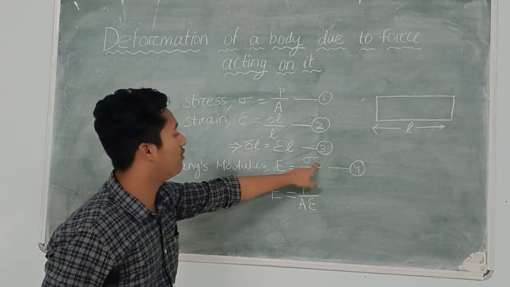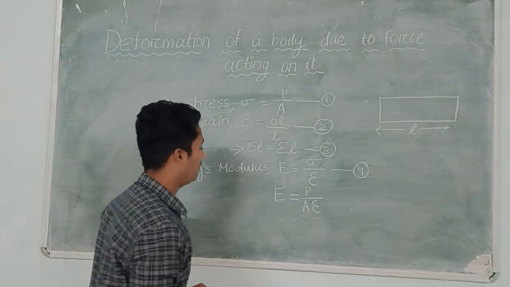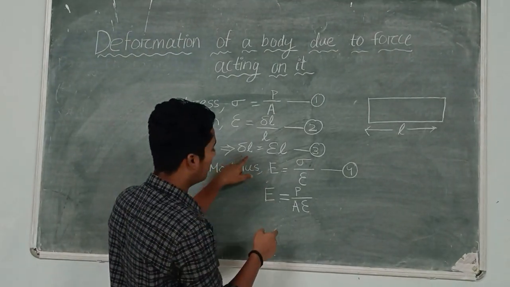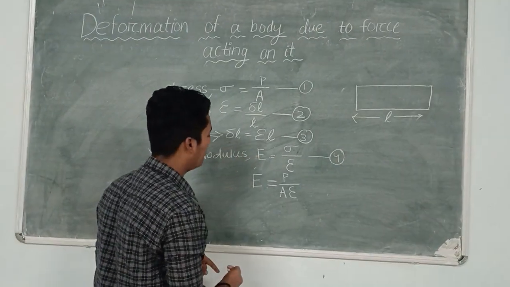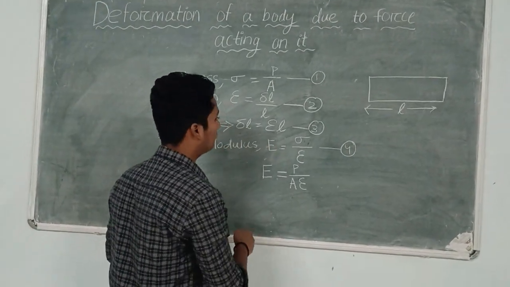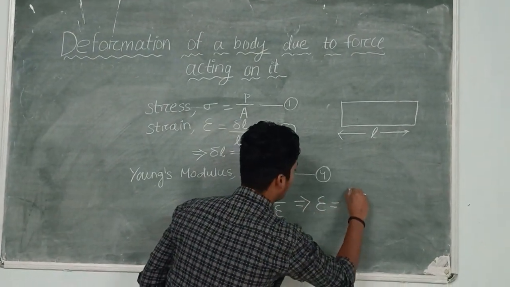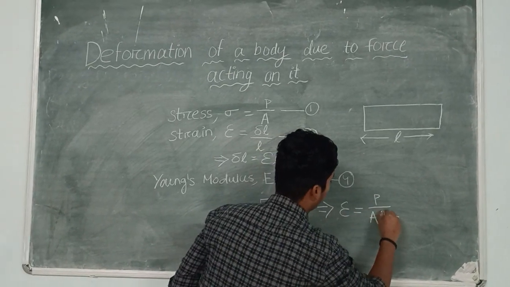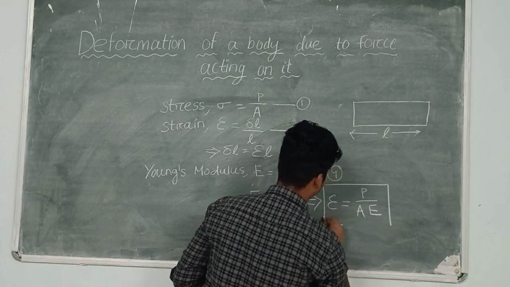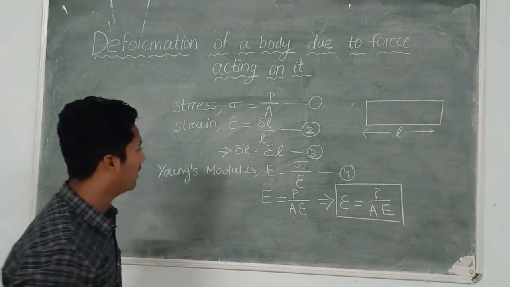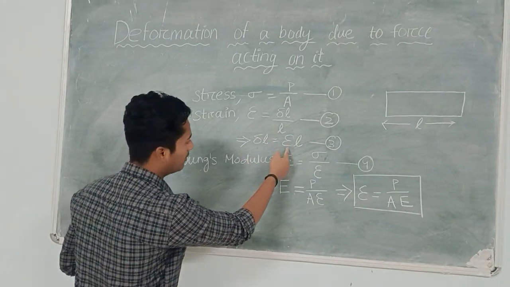Here we just apply the value of sigma as P by A. And here we can write that epsilon is equal to P by A E. This is very much important.